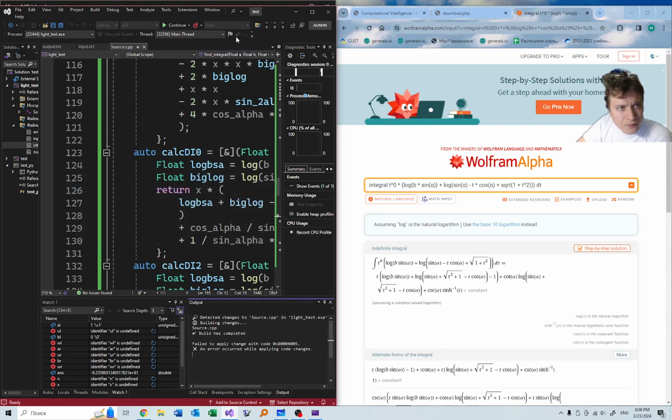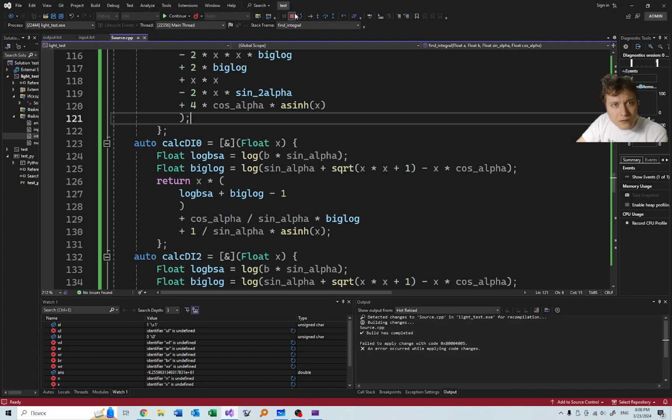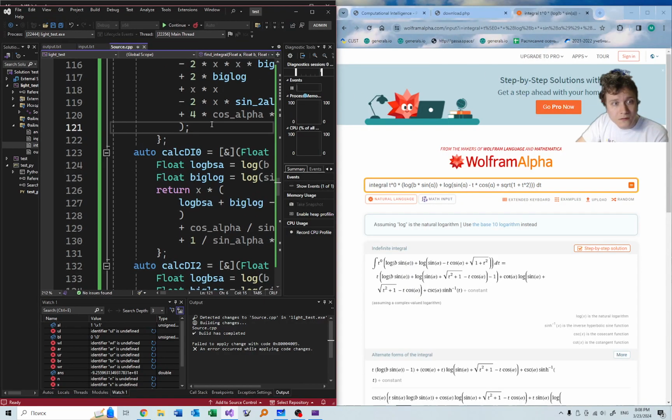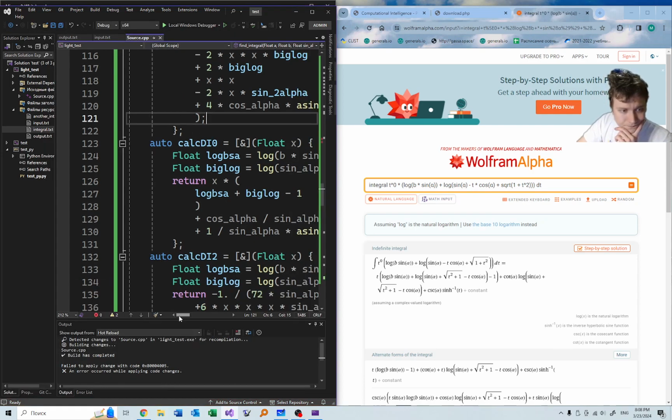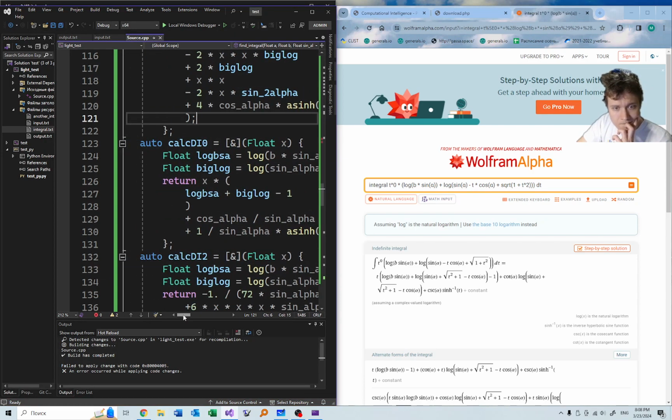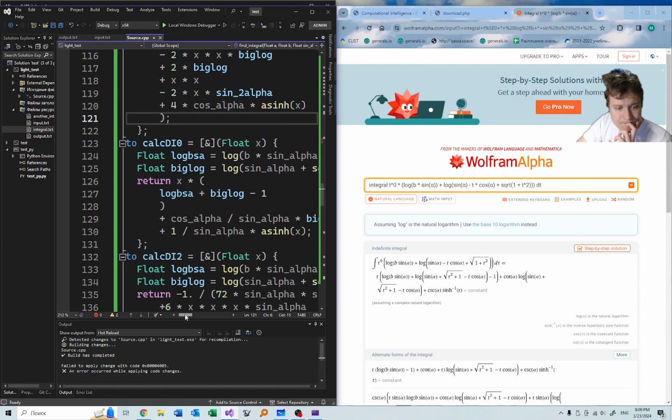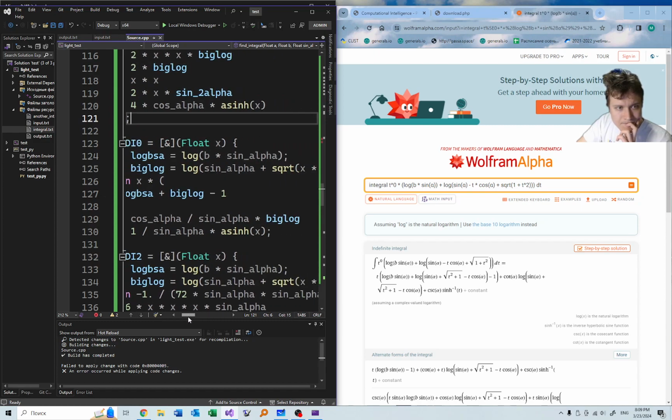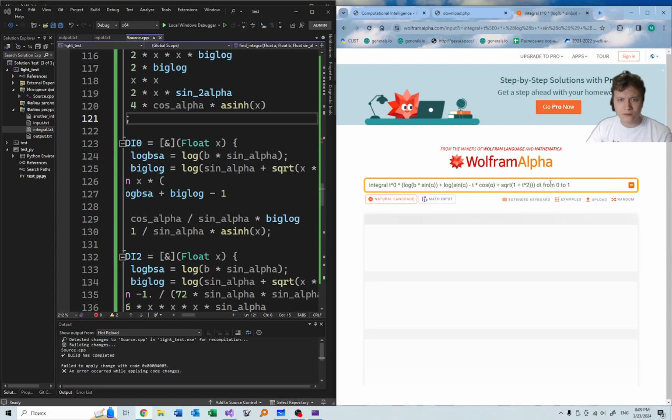No, I want to stop. Can I stop? Control F5, I think. No? How do I stop? Shift F5. I can write from 0 to 1, or not.